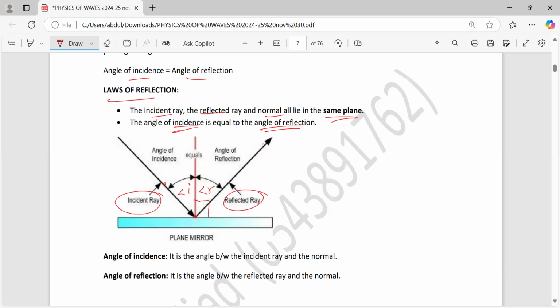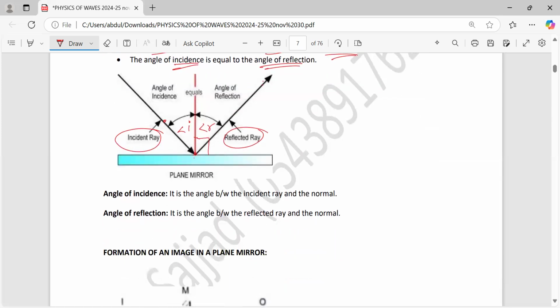You people should not make this mistake. That's why I have written the definition, which is not needed, which has never come to define angle of incidence, but I have written it. It is the angle between the incident ray and normal. And angle of reflection is the angle between reflected ray and normal.